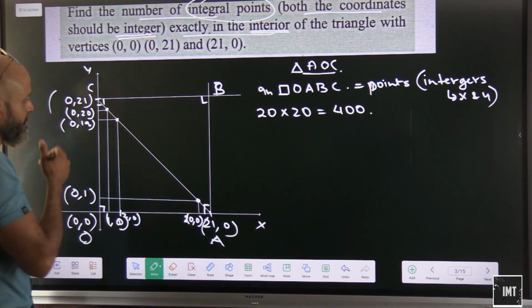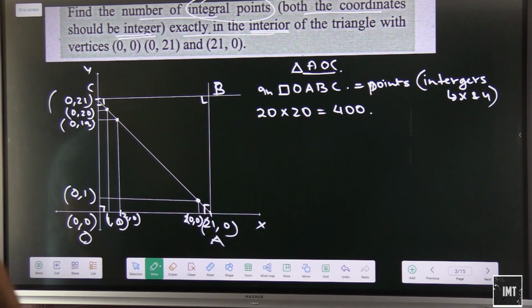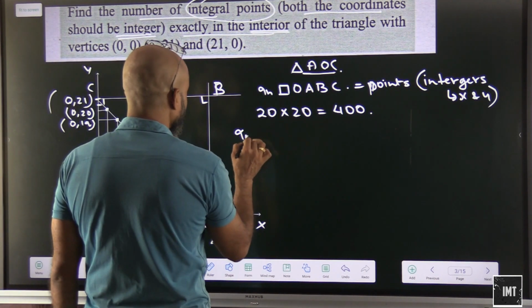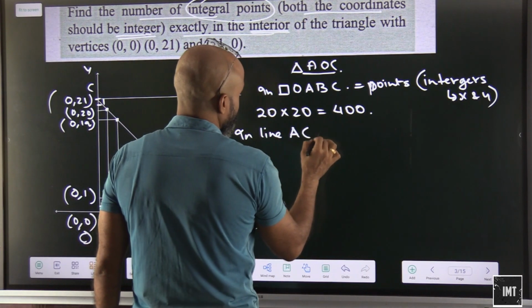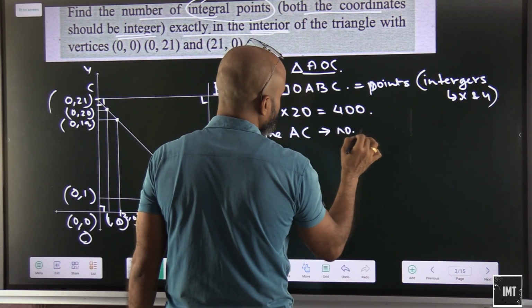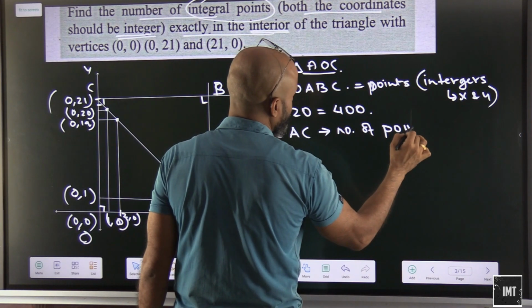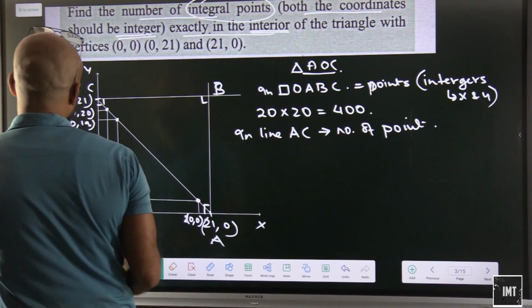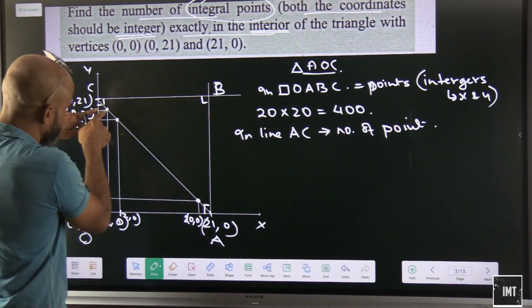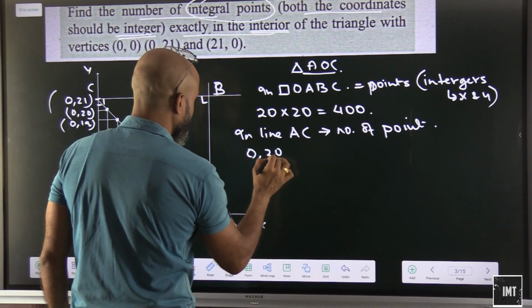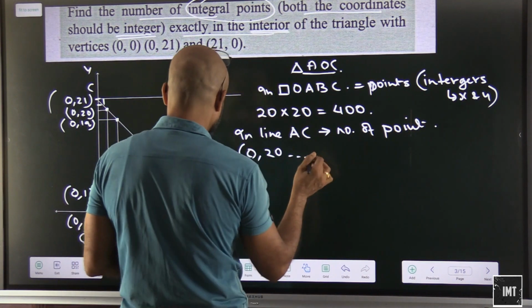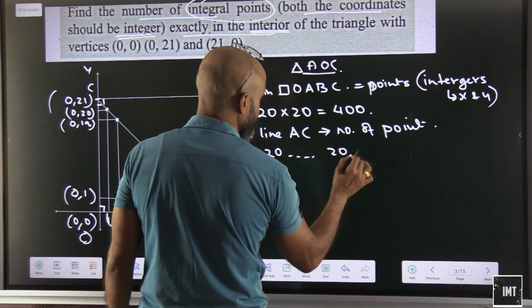Now understand this. How many points are going to lie on the line AC? See, clearly look at this. It starts from 0, 20 and goes to 20, 0.